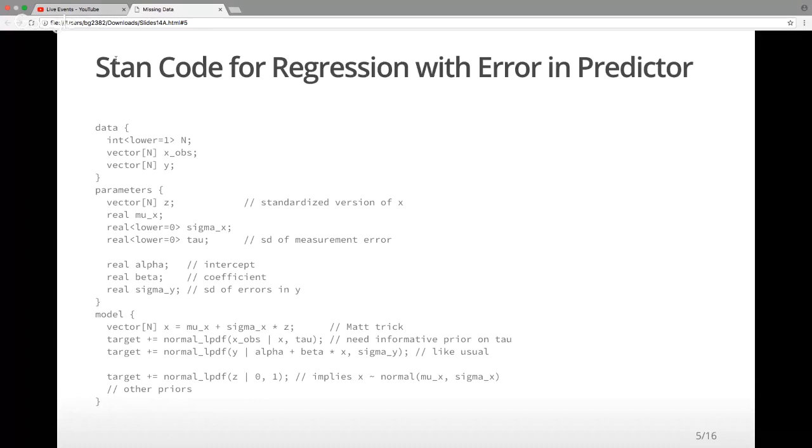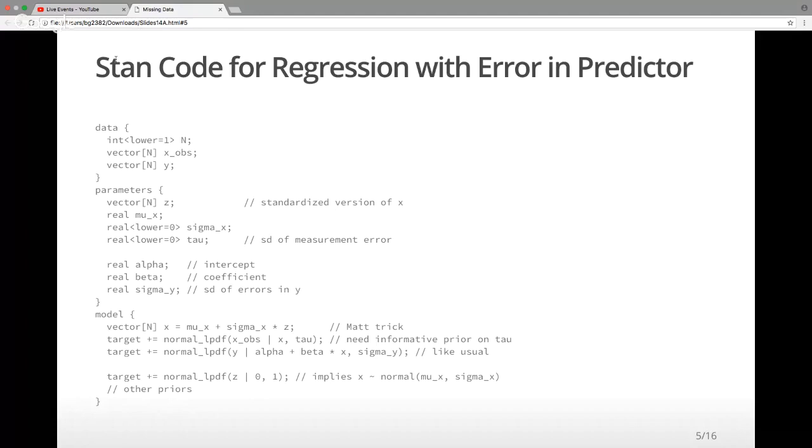There's just stuff that's unknown, and there's stuff that is known, such as n, and we do know what we observe on x. We don't know how close it is to the true x, but we have the data that comes back in the survey.